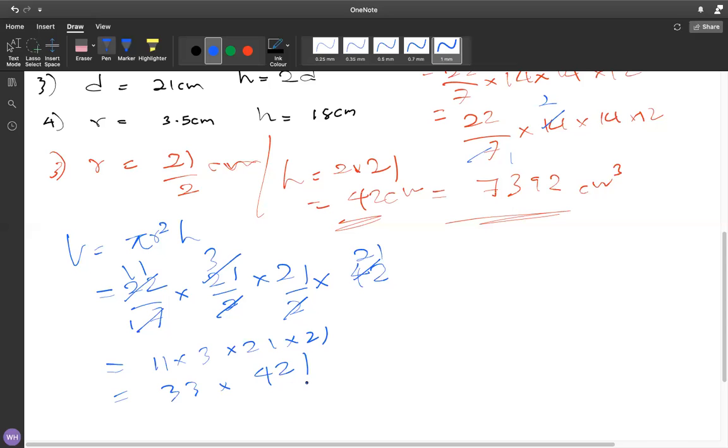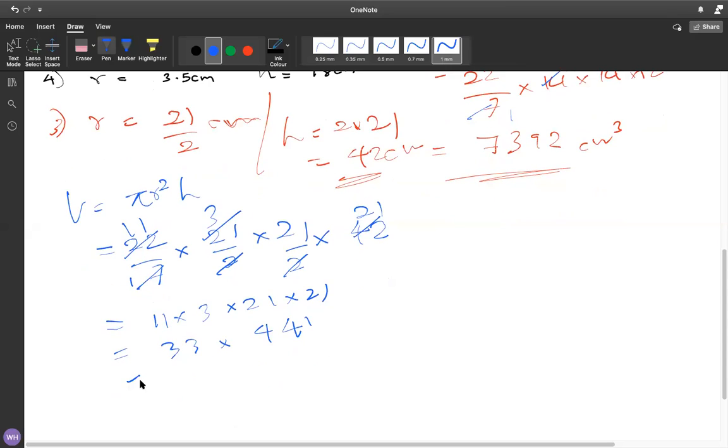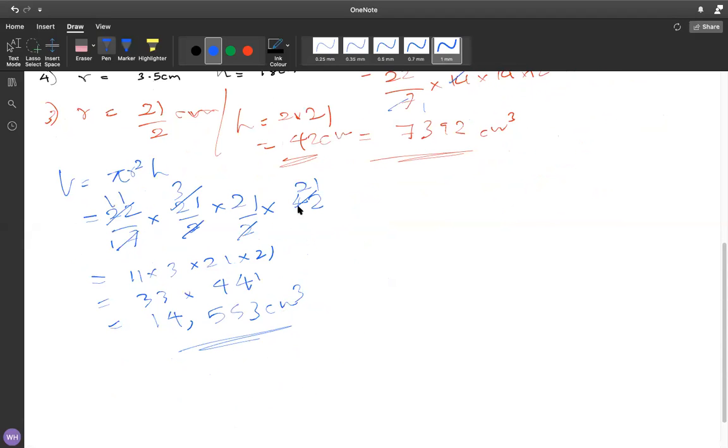I hope that is correct. 441, no, not 21, it is 441. 441 times 33 will give you comparatively really high values. Anyhow, these are just calculations, in cubic centimeters. So this much of a volume, right?